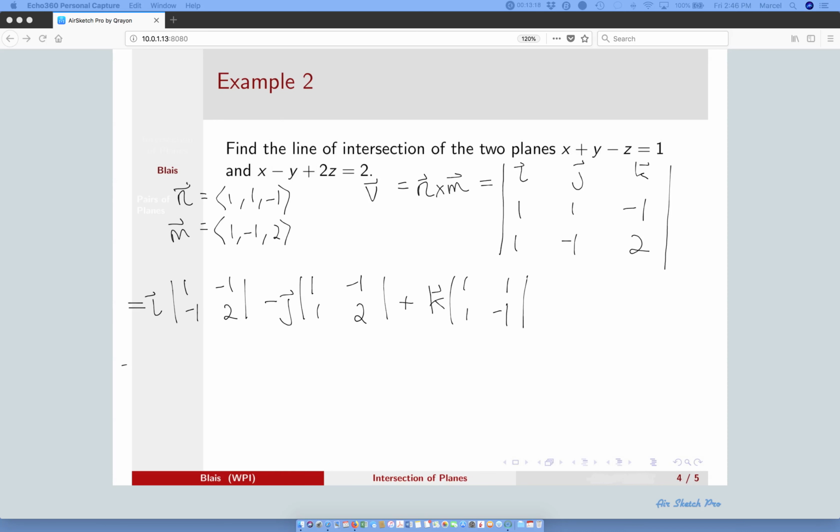Working through these 2 by 2's, we have i times 1 times 2 minus 1 times minus 1, minus j times 1 times 2 minus 1 times 1, and then plus k times 1 times minus 1 minus 1 times 1.